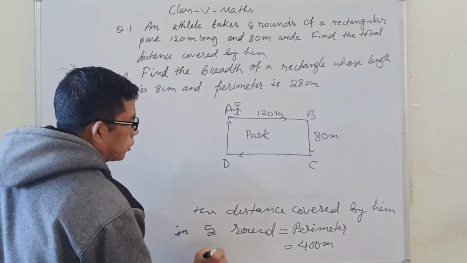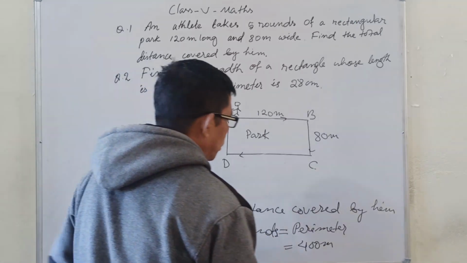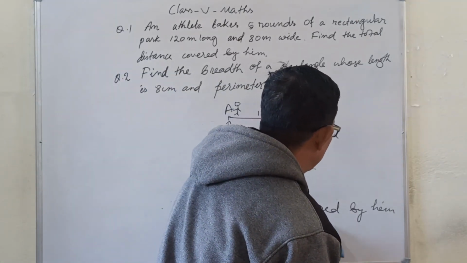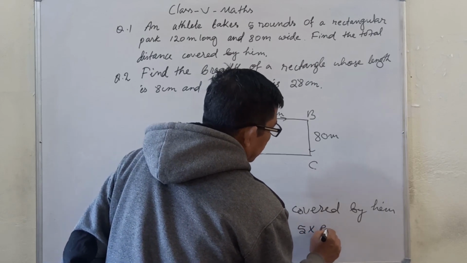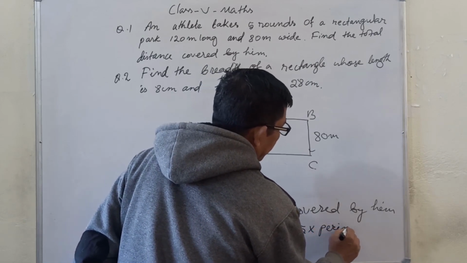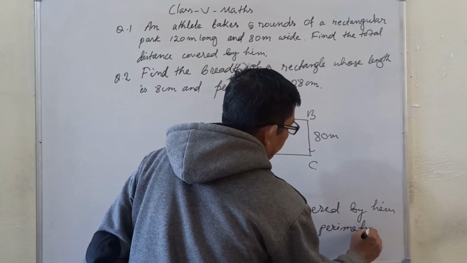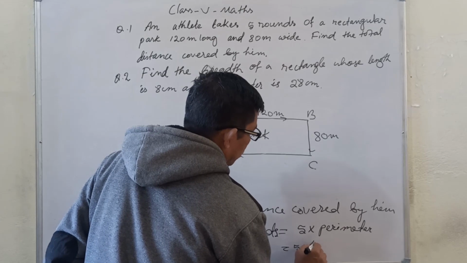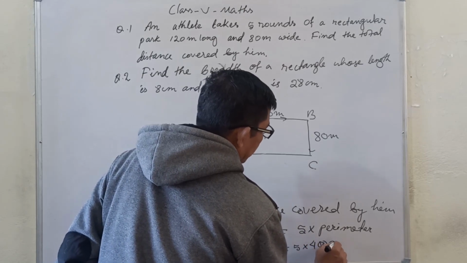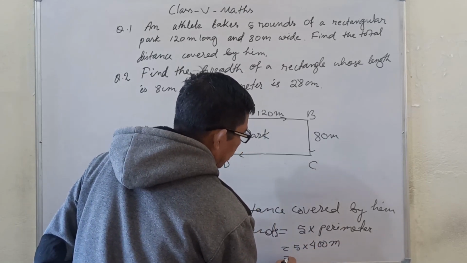Five rounds equal to 5 into perimeter. It is equal to 5 into 400 meter.